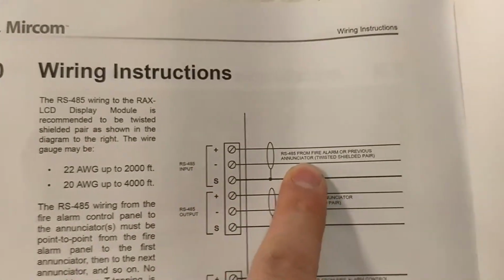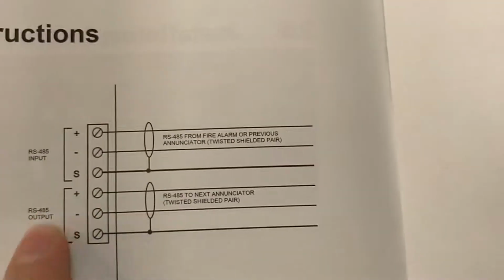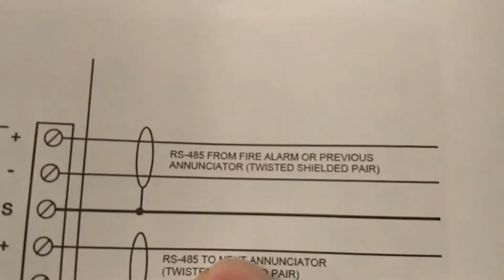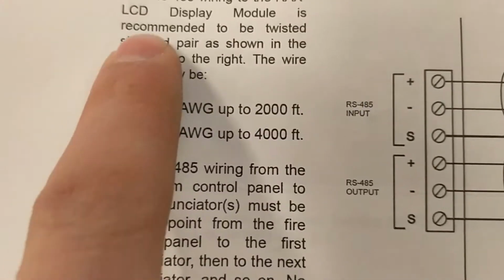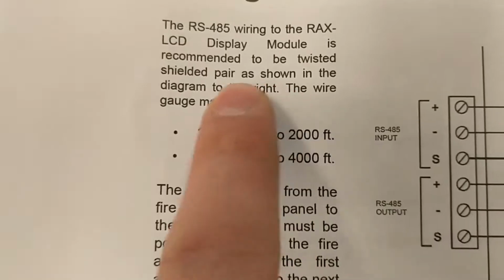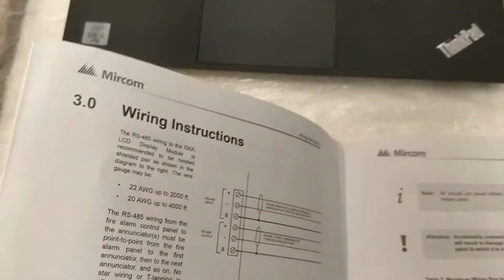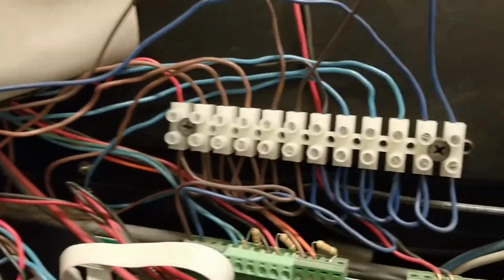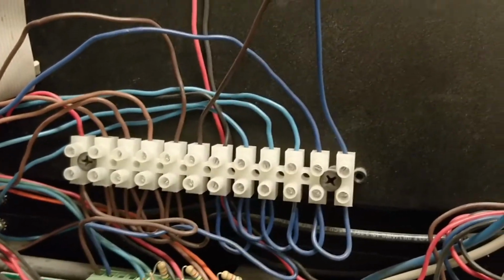You have your RS-485 input coming from your panel, and then boom, output to the next panel. Same thing too, they recommend twisted shielded pair, which out here in Canada anyway, I think I've seen that maybe once or twice. Everyone never runs the proper wire.